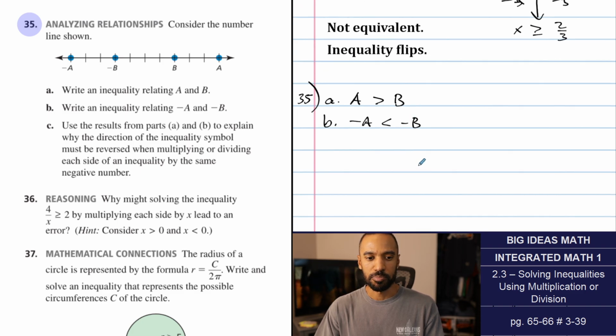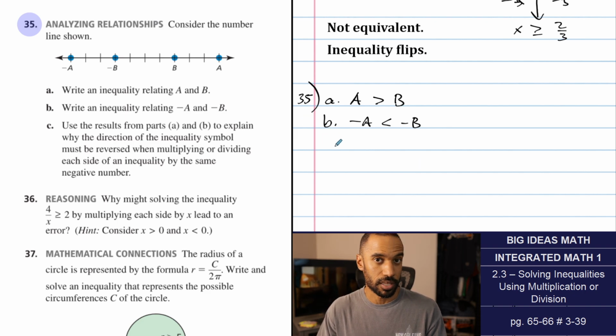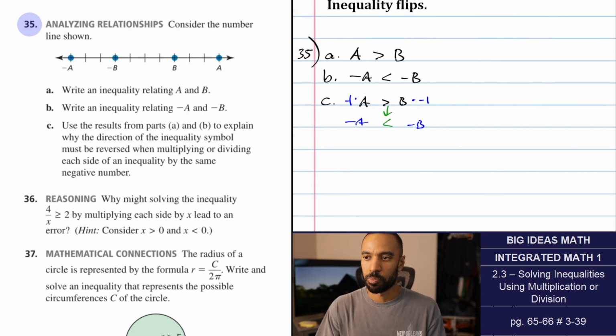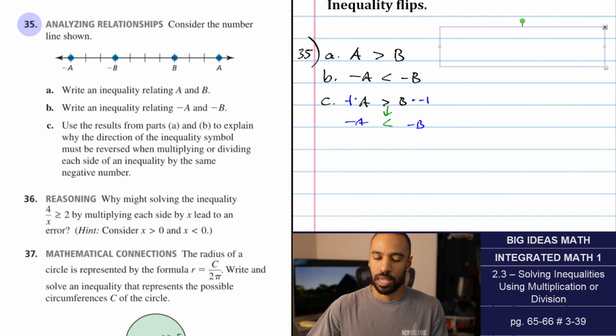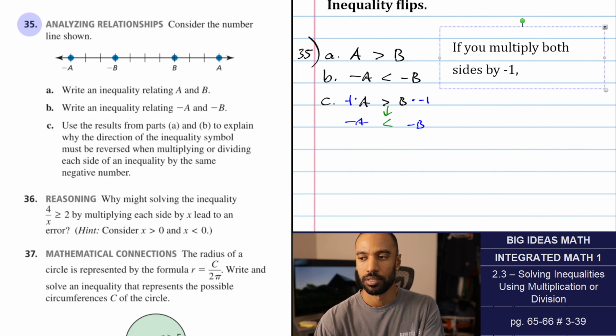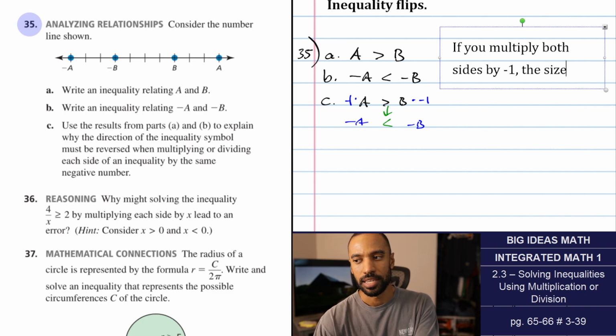Part C, use the results from parts A and B to explain why the direction of the inequality symbol must be reversed in multiplying or dividing. Well, this is what I said in the lecture portion. When you have A greater than B, you can multiply both sides by -1, and then suddenly this becomes negative A and negative B, but suddenly the inequality also must flip to less than. If you multiply both sides by -1, the sizes of A and B are the same.